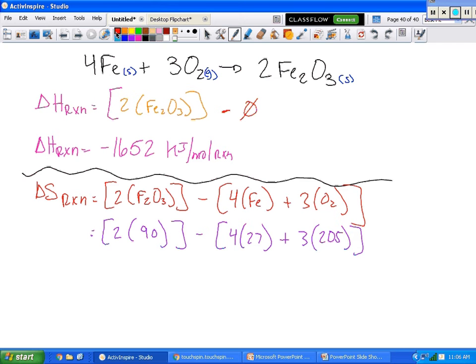What's the answer? All right, negative 542, and the unit is joules per mole. Huh? 43, my bad. Negative 543.